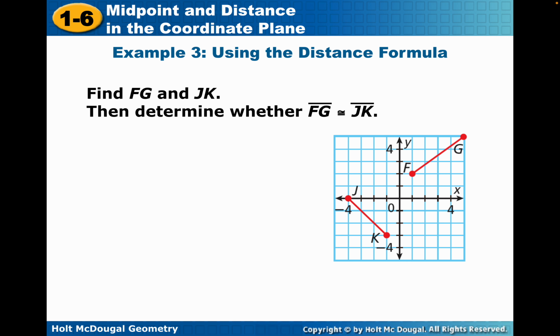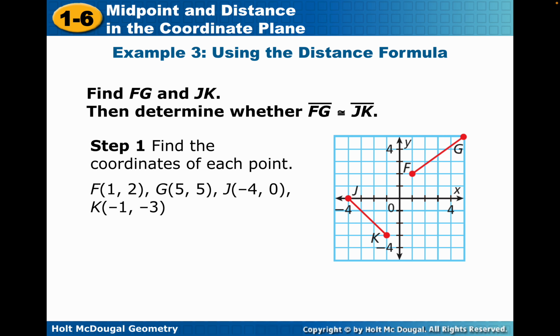Okay, and what about K? Yeah, Julian? -1, -3. Okay, so there's going to be some cases where you're actually going to need to find the coordinates, and then some cases where you're going to be given the coordinates. So let's make sure that these match. Okay, we got F 1, 2, G 5, 5, J -4, 0, K -1, -3.